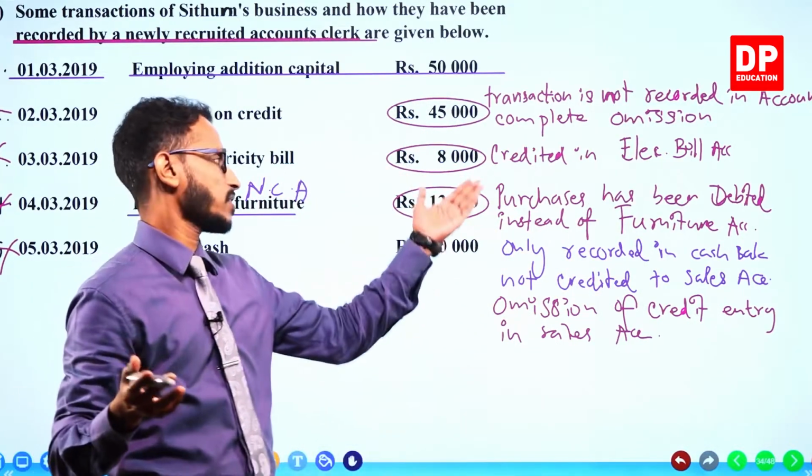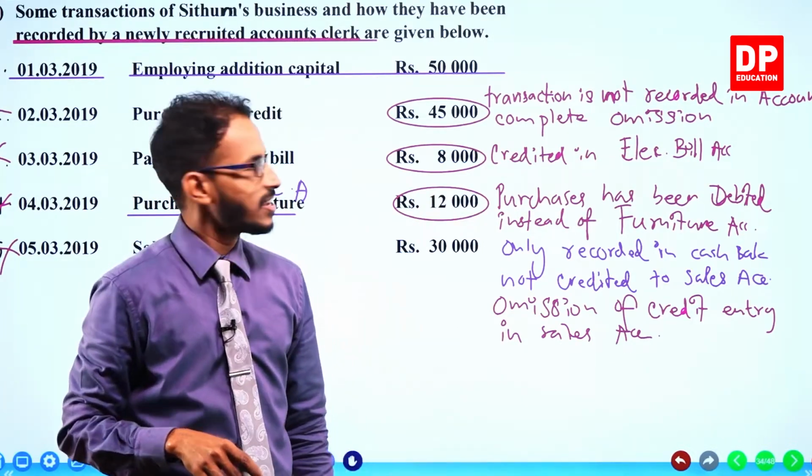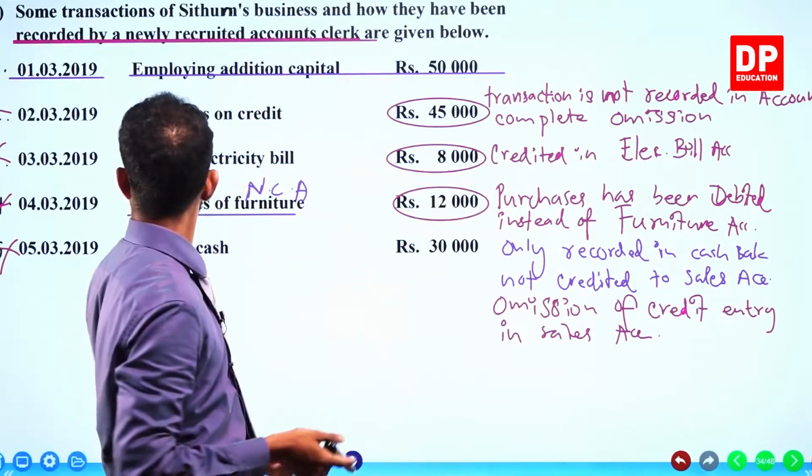You just have to record the transaction, the double entry. Then the error is corrected. It's easy, no? I'll take another one.